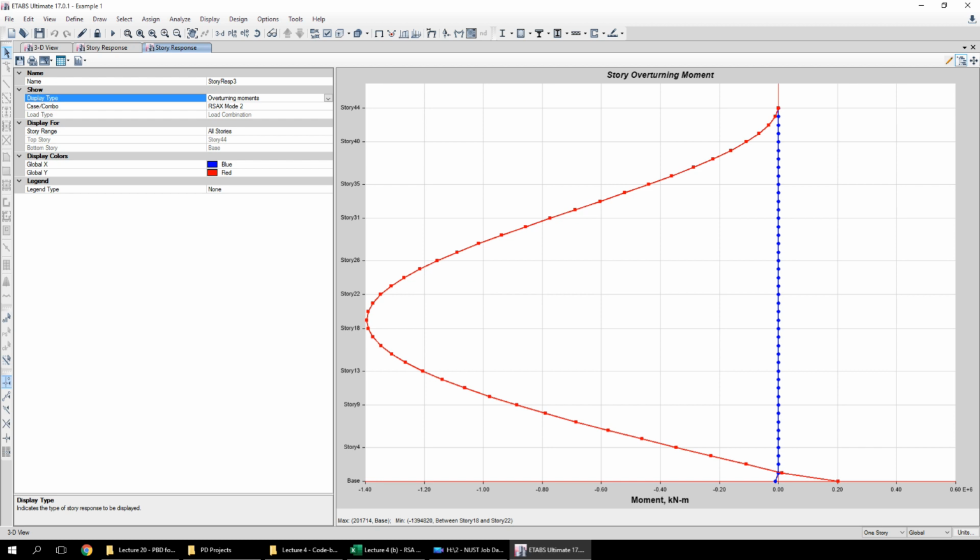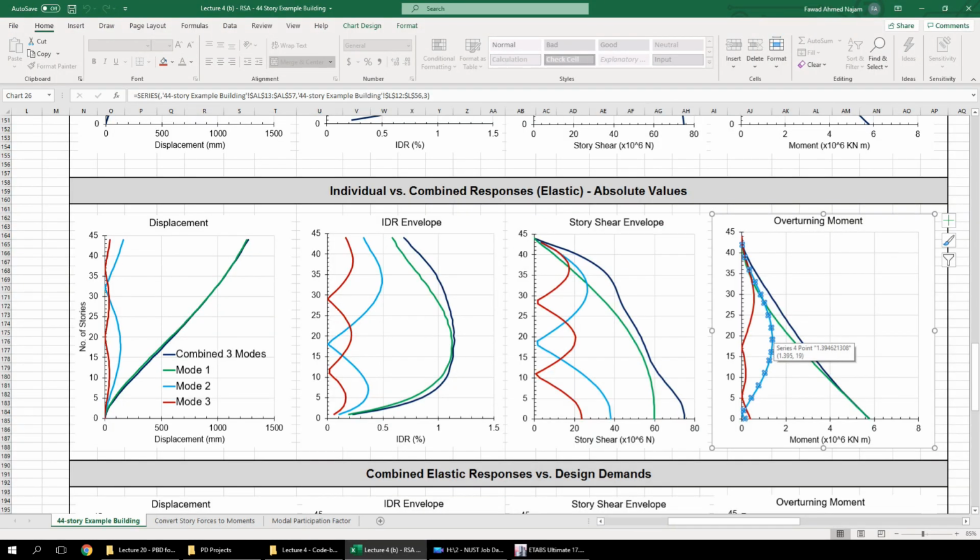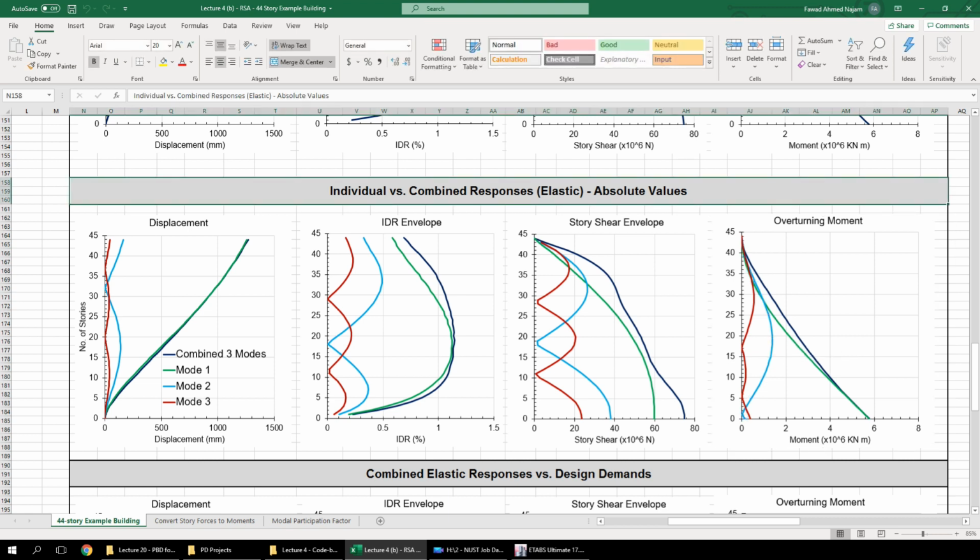It is minus 1.39, almost minus 1.4 for the story number 19 here. Let's go to story number 19 here, and you see the number is 1.395, which is very close to what our ETABS is giving. So this way you can convert any response of the modal analysis into the corresponding modal response of the response spectrum analysis.